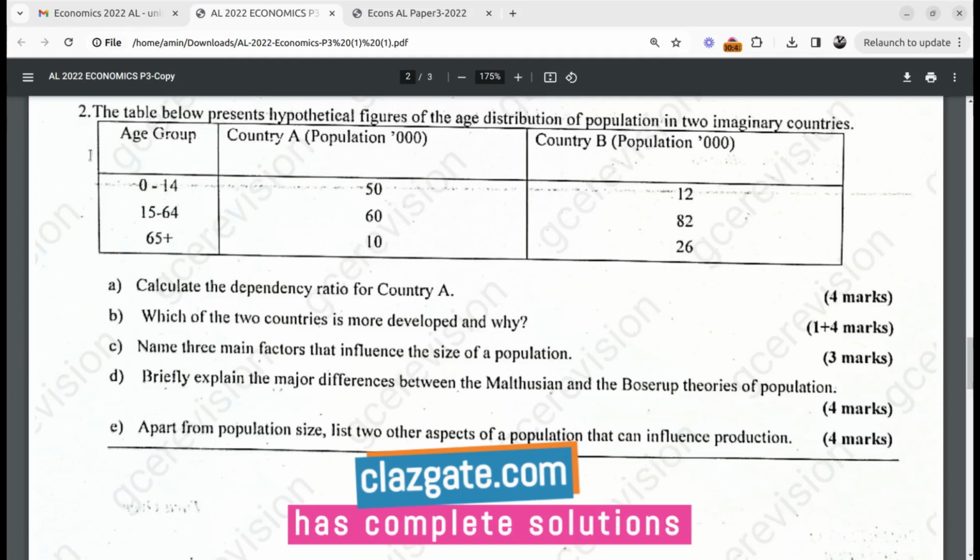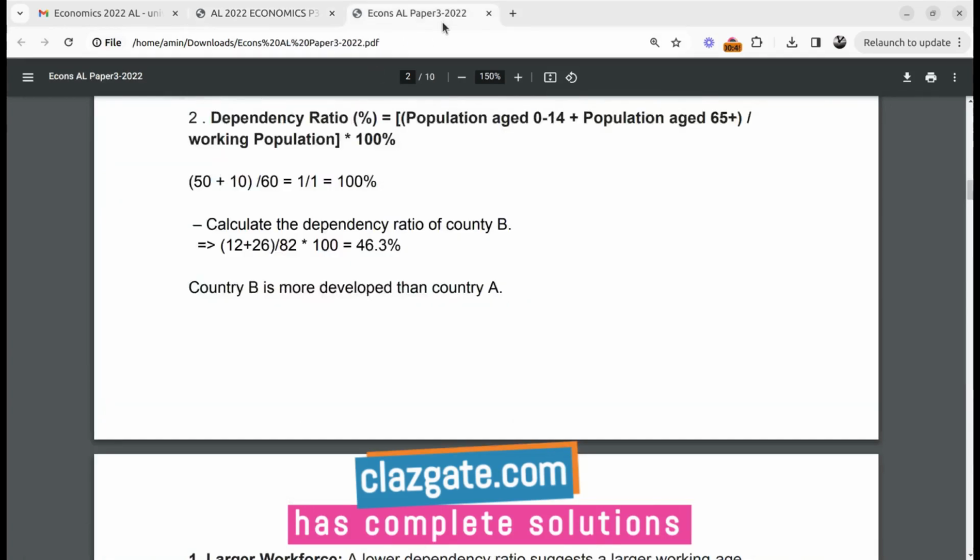Question 2A is saying calculate the dependency ratio for country A. In everything, always make sure that you write out your formula. So the formula for dependency ratio is this. You can see this bracket open. Population aged 0 to 14 plus population aged 65 and above, close your bracket, divided by the working population.